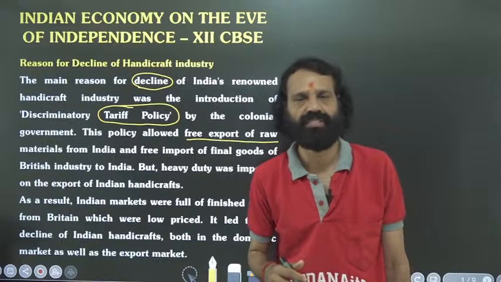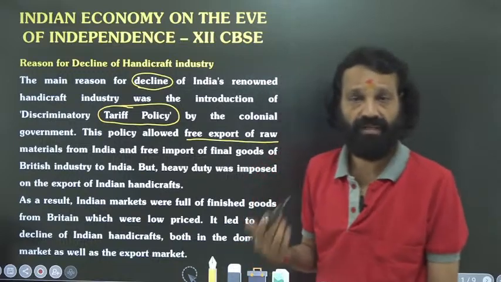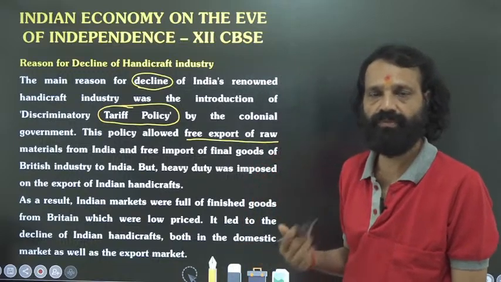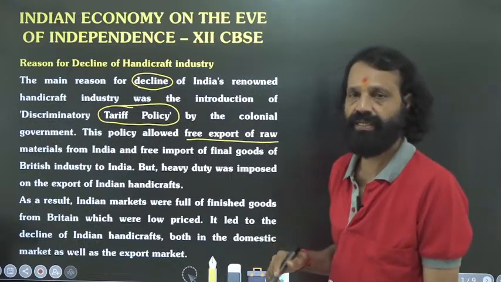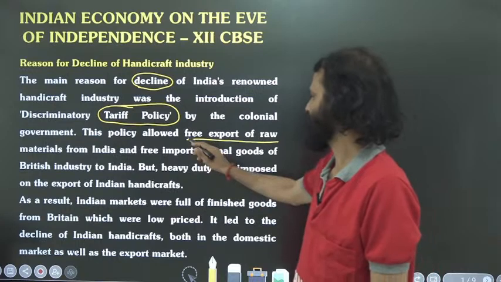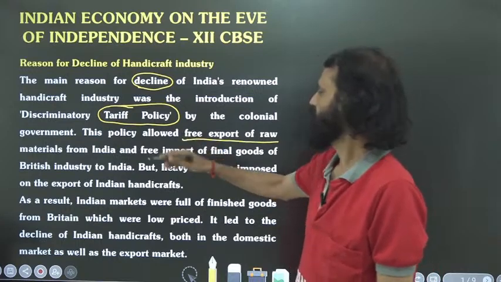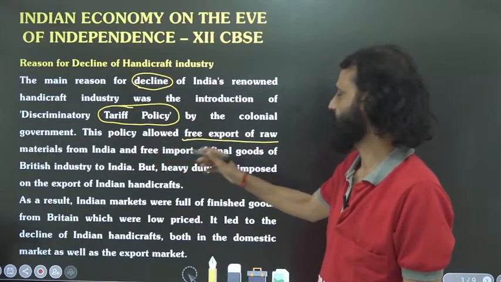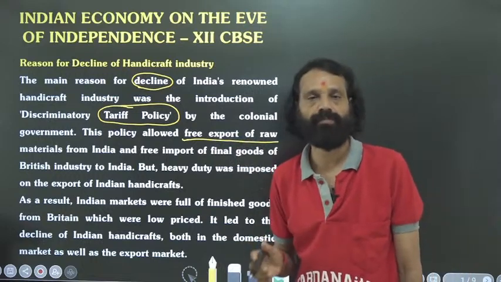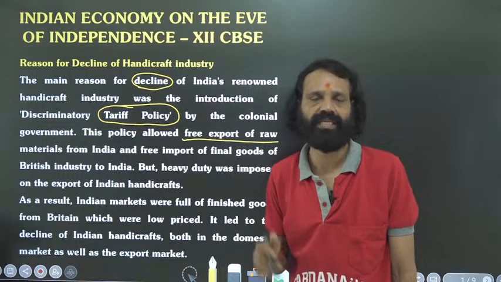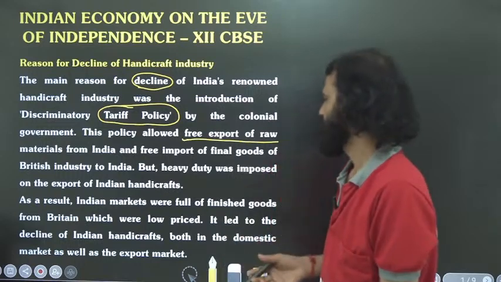India was their market. They wanted to sell their finished goods in India, and they also wanted to take more raw materials from India to their country. Their ultimate aim was to develop Britain's economy.